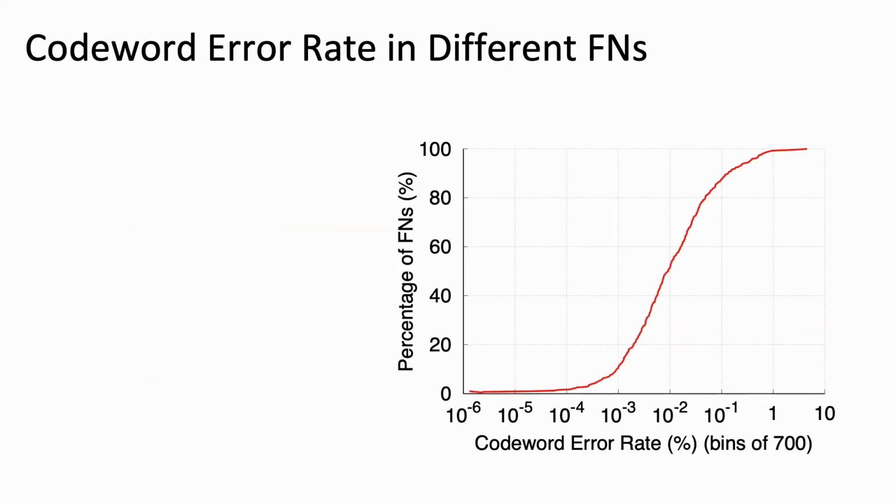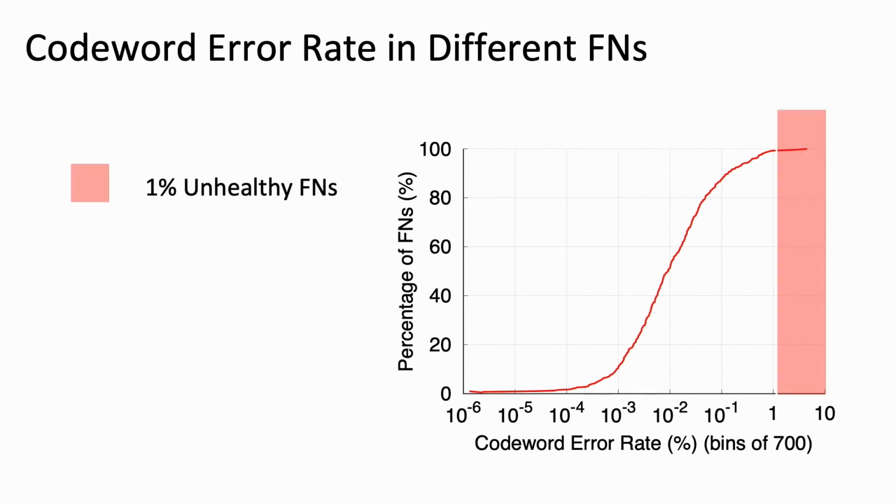Next, we check the average code word error rate distribution among different FNs. For each FN, we calculate its average code word error rate among all the devices inside this FN for the entire data collection period. From this figure, we can observe that there are nearly 1% of the FNs whose average code word error rate exceeds 1%.